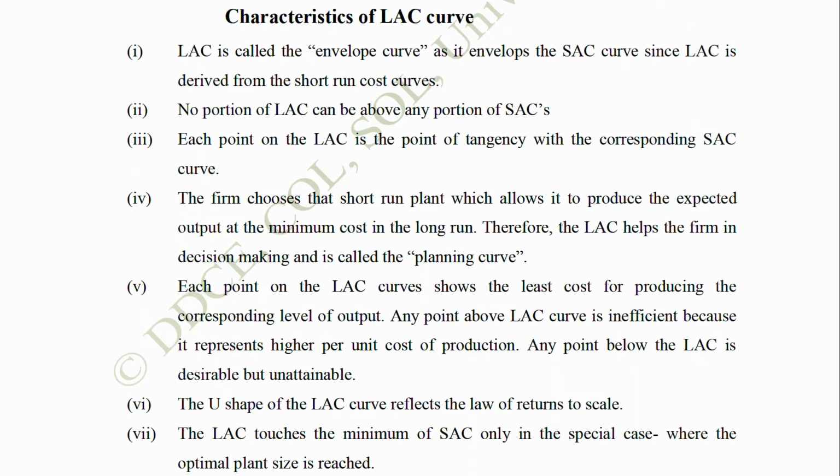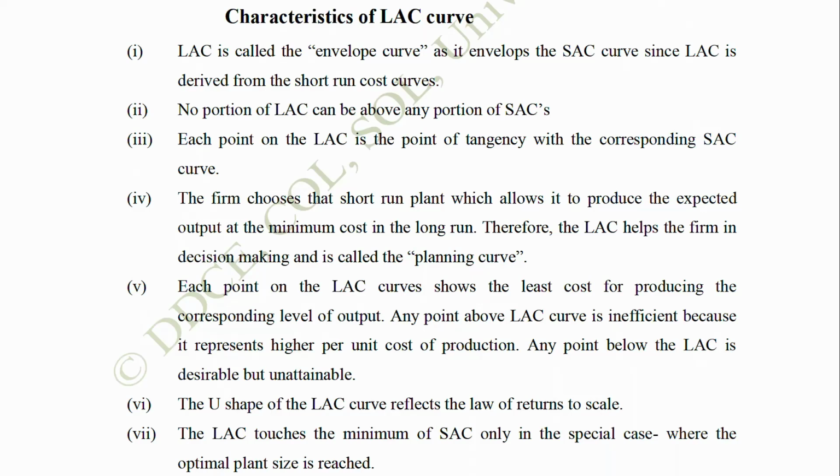Point number 5. Each point on the long-run average cost curve shows the least cost for producing the corresponding level of output. Any point above the long-run average cost curve is inefficient because it represents higher per unit cost of production. Any point below the long-run average cost is desirable but unattainable. Point number 6.